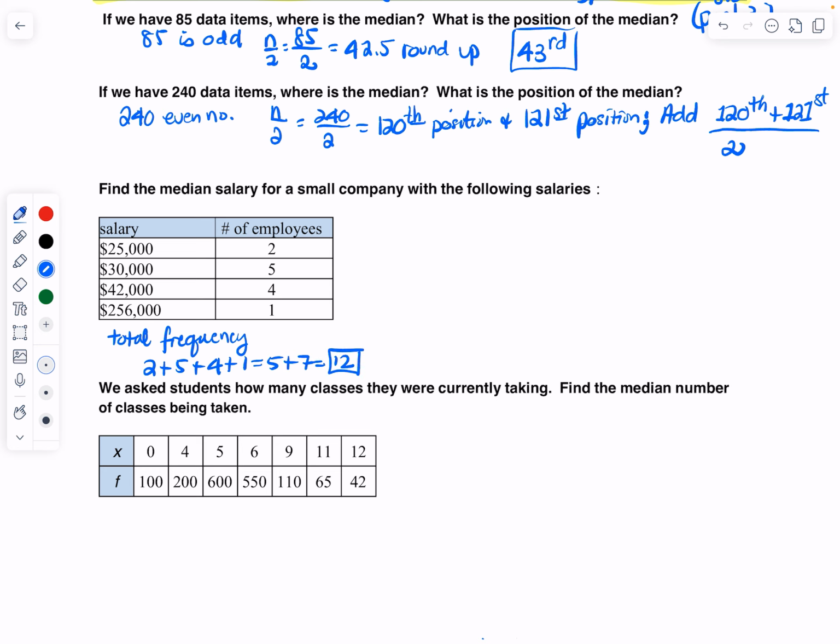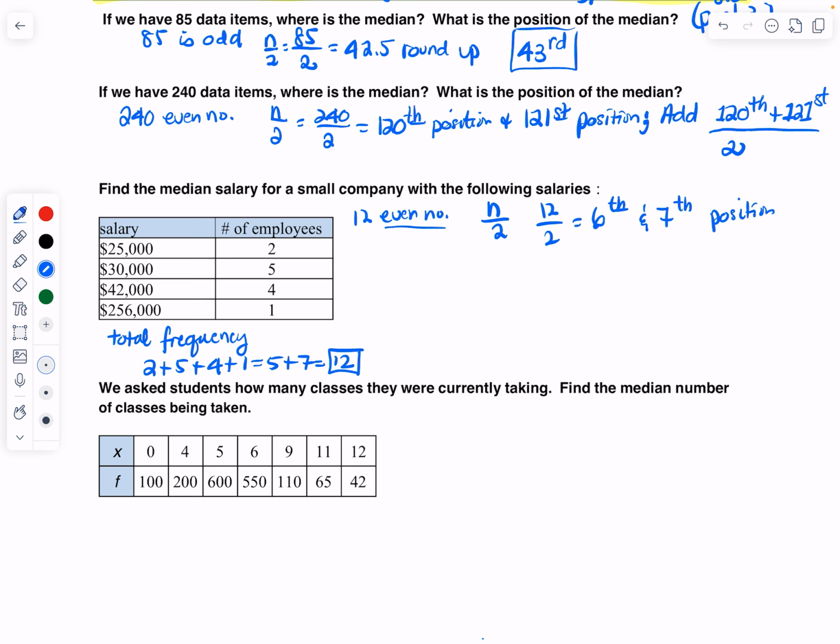Okay, 12 is an even number. So I'm going to take n divided by 2, or 12 divided by 2, which is 6. So the 6th position is one we're going to look at. Because it's even, we also need the next one up, which is the 7th position.